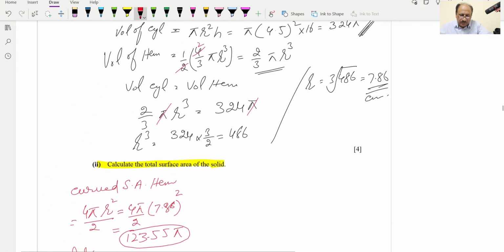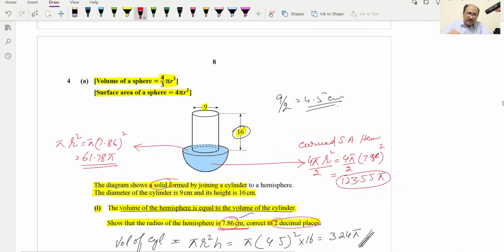Now the third area, in case of the cylinder. Keep in mind that we have taken additionally this base area, which is equal to this top area. So this base area is attached with the hemisphere. If we add this top area also, then it will be double counted.